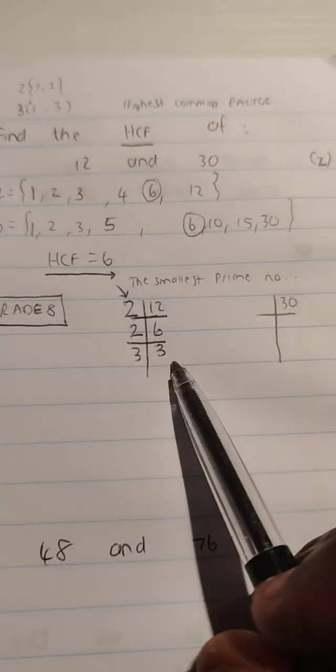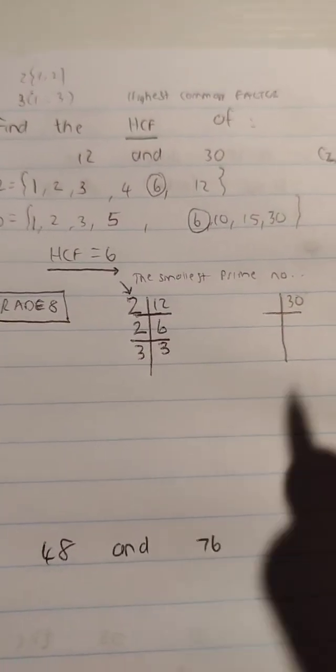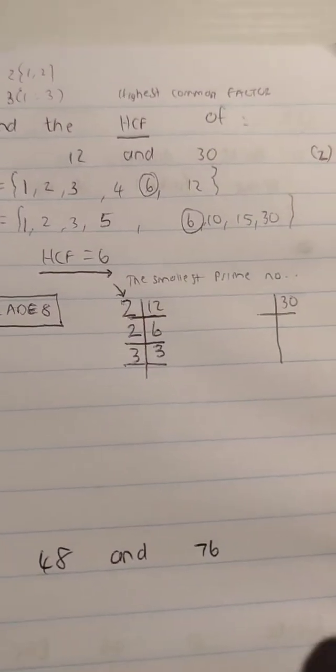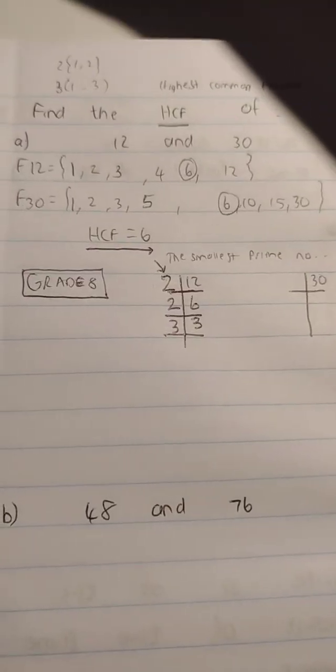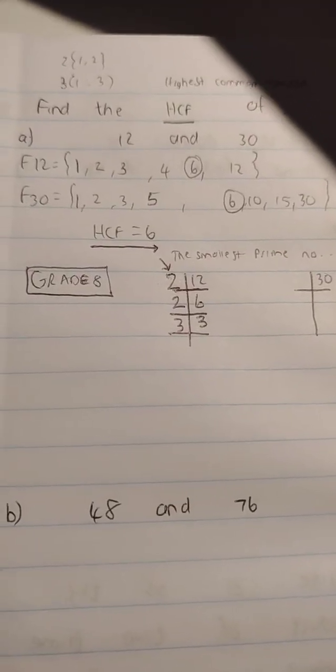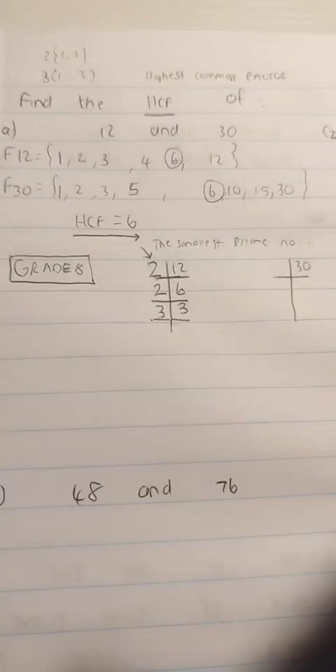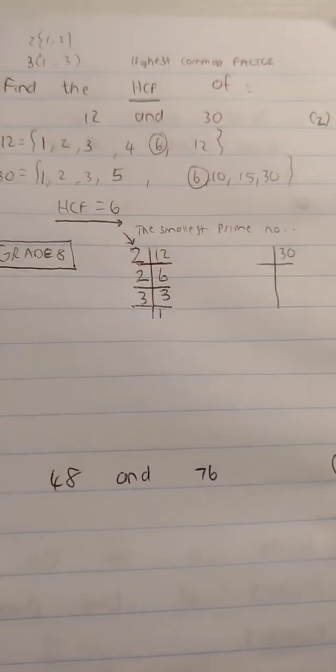Thank you so much. 3 is the smallest prime number that goes into 3. How many times does 3 go into 3? Once.